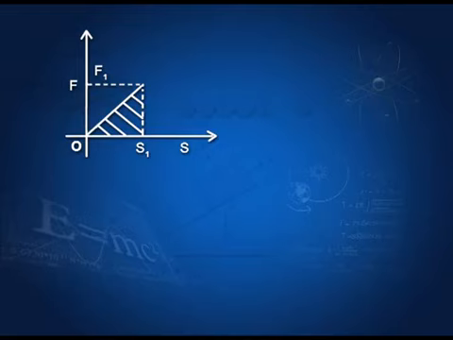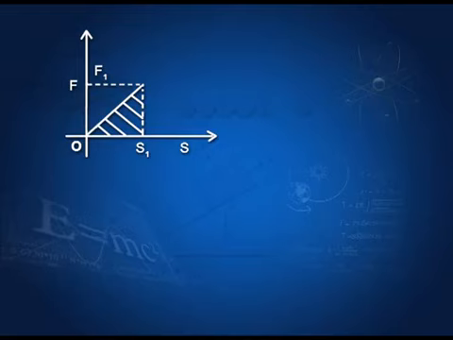On my x axis, as we have said, we will have the displacement, and on the y axis we have got the force. Now, this force starts from, let us say, a 0 value and increases to a certain value F1, and as a consequence of the force applied, say the displacement is up to a location S1.